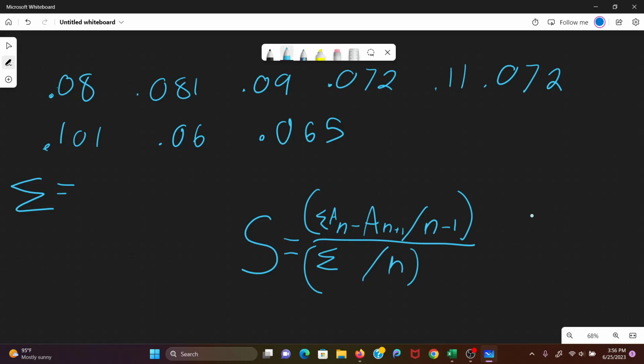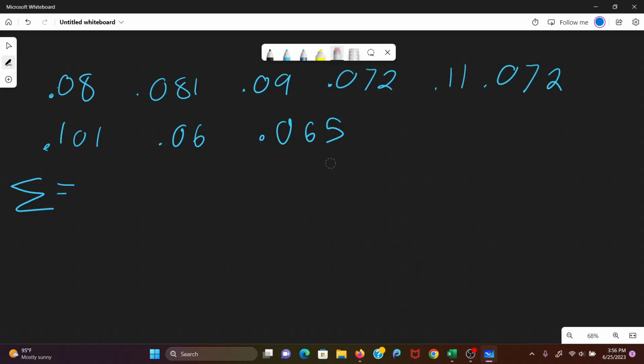There we go. So shimmer is going to be basically the same thing. You just use a different set of numbers. Use the amplitude numbers instead of the frequency numbers. So there's your formula. Okay, let's keep going.